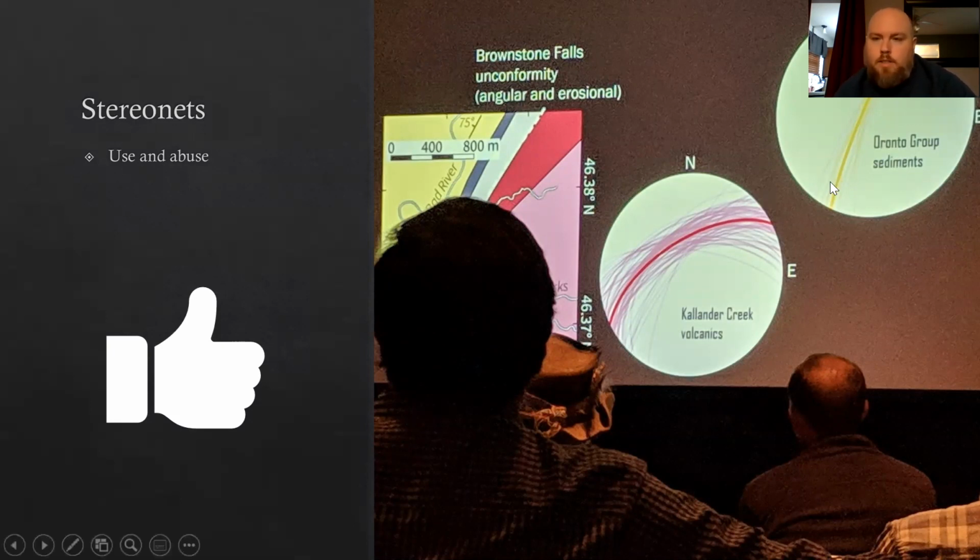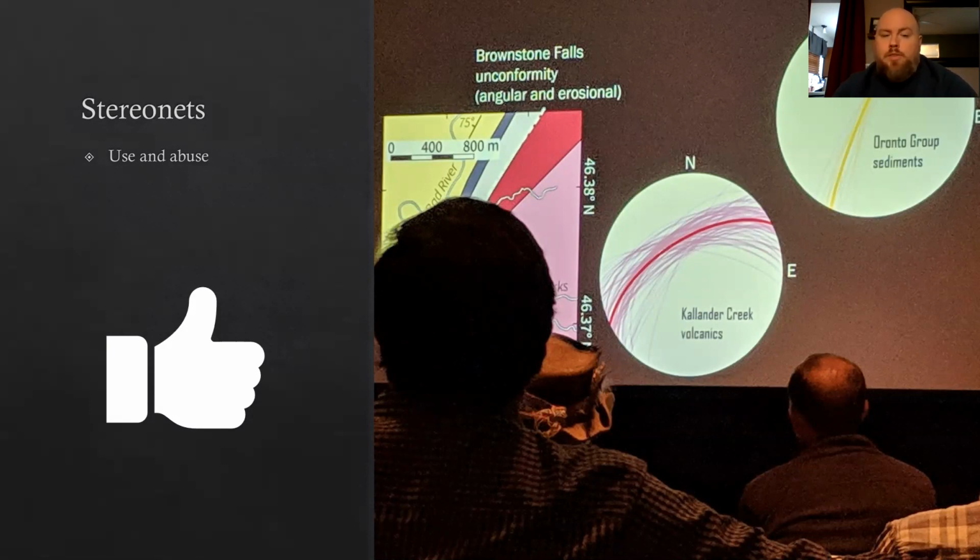These stereonets show the individual orientations in fainter lines, and then an average orientation in a bold line. You can visually see from this figure that those two averages and the clouds of data that go with them are unequal, leading to the conclusion that you have an angular unconformity between those two units.